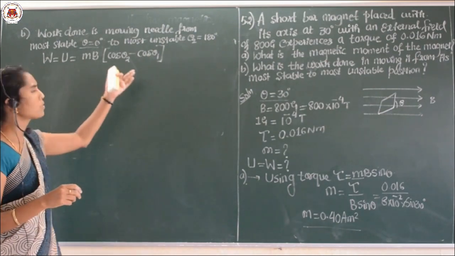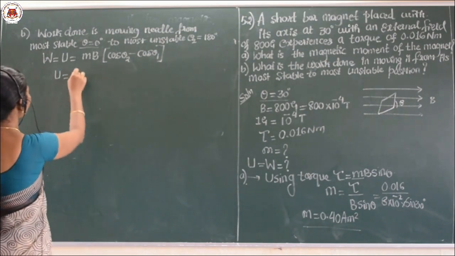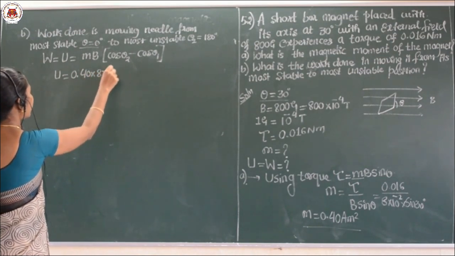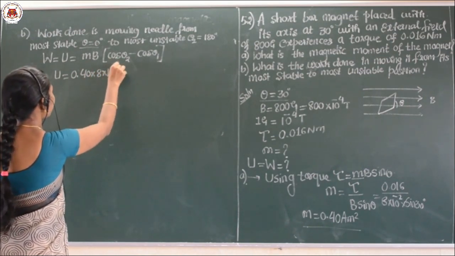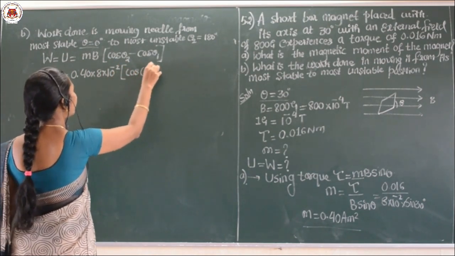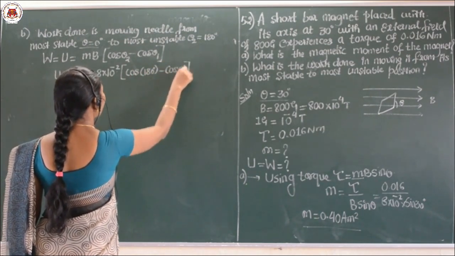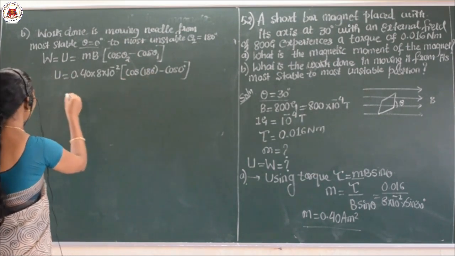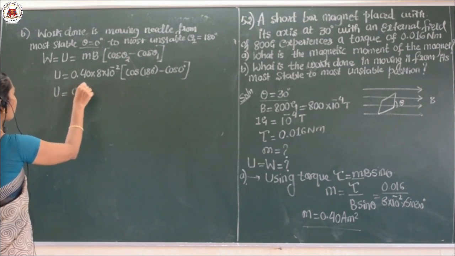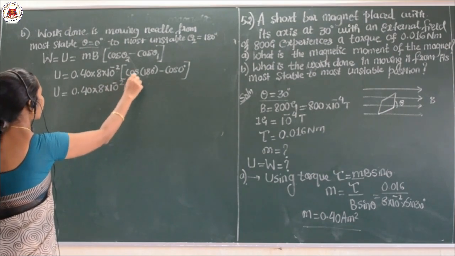So, then you have to use like this, then this is equal to U is equal to m value is obtained already 0.40 and B is also given 8 into 10 raised to minus 2, and here you can get the value that it is cos 180 minus cos 0, then here also minus 1, that will become U is equal to 0.40 into 10 raised to minus 2 into minus 2.